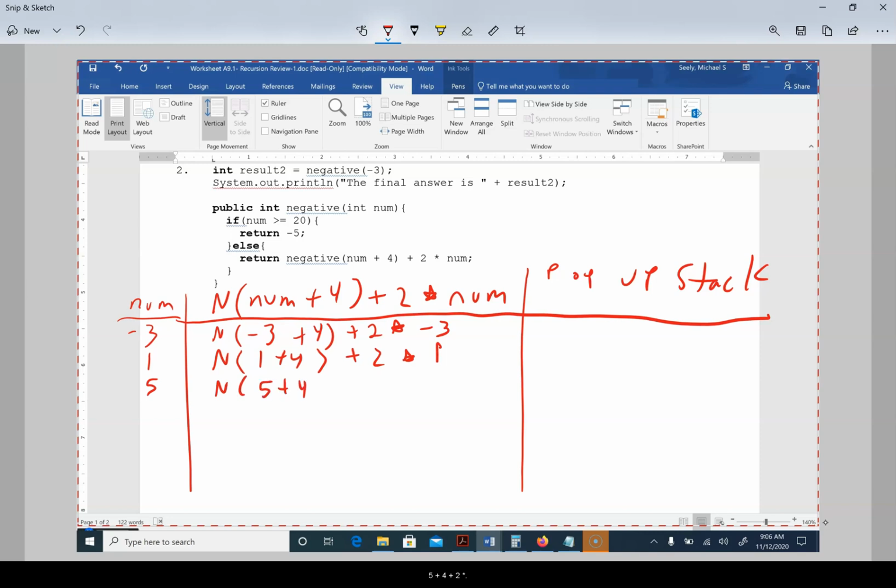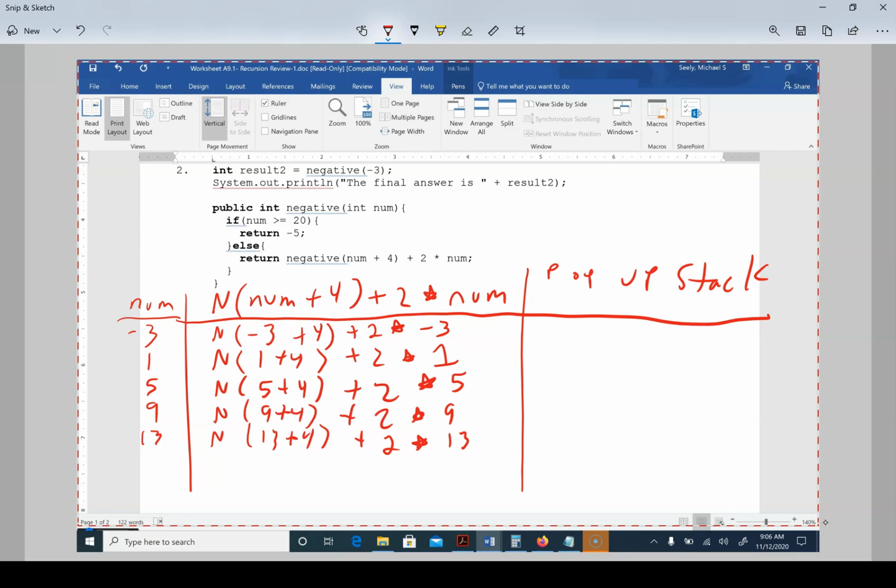We got 5 plus 4 plus 2 times 5, this is 9, then 13. 13 plus 4 plus 2 times 13.